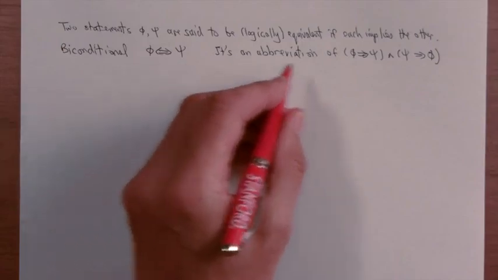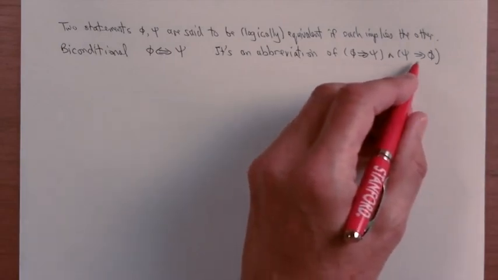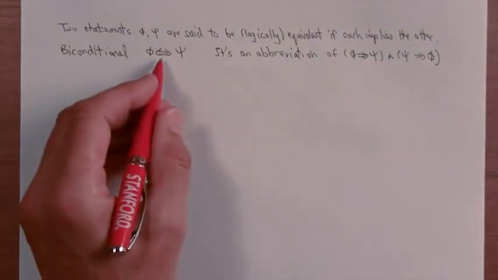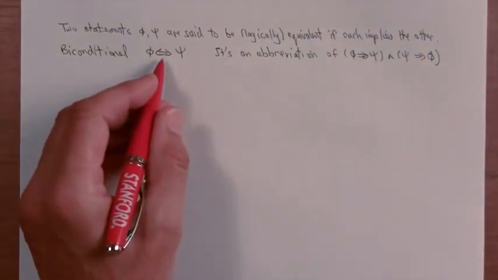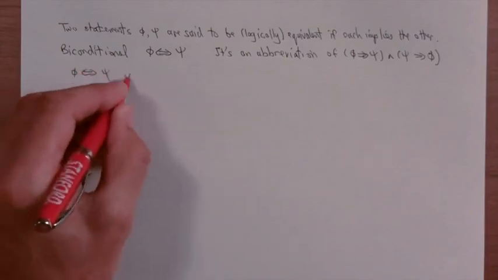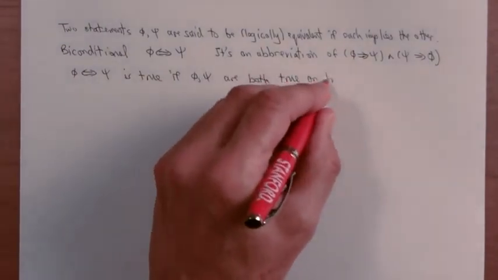If you work out the truth table for phi conditional psi and for psi conditional phi, and then you work out the conjunction, you'll get the truth table for phi biconditional psi. And if you do that, what you will find is that phi biconditional psi is true if phi and psi are both true, or if they're both false.